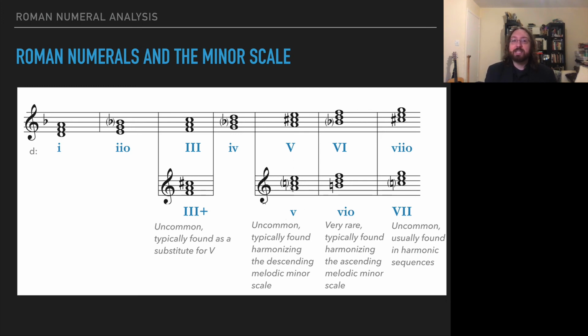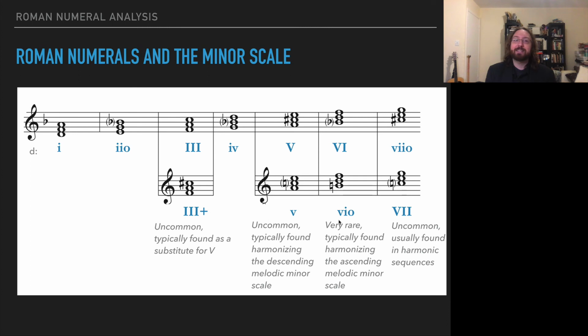We do sometimes see a minor v chord built using either the natural minor form of the scale or the descending melodic minor form of the scale. And it's uncommon, and it's usually harmonizing that descending melodic minor form. That's usually when we see that used the most. It is possible to have a vi diminished, but it is very rare.